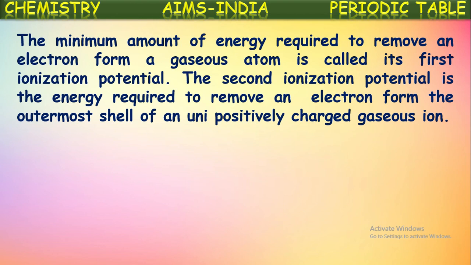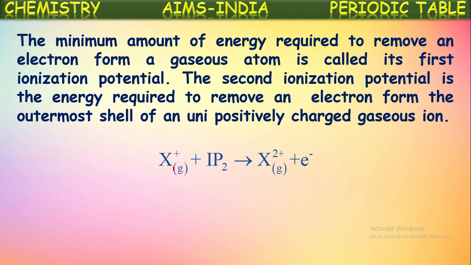Now, if we remove a second electron from this unipositive ion, then the energy required is called the second ionization potential or second ionization energy. It is the energy required to remove an electron from the outermost orbit of a unipositive charged gaseous ion.